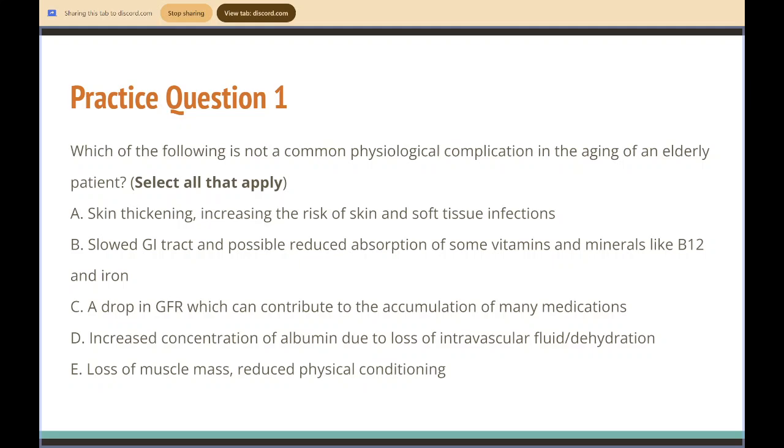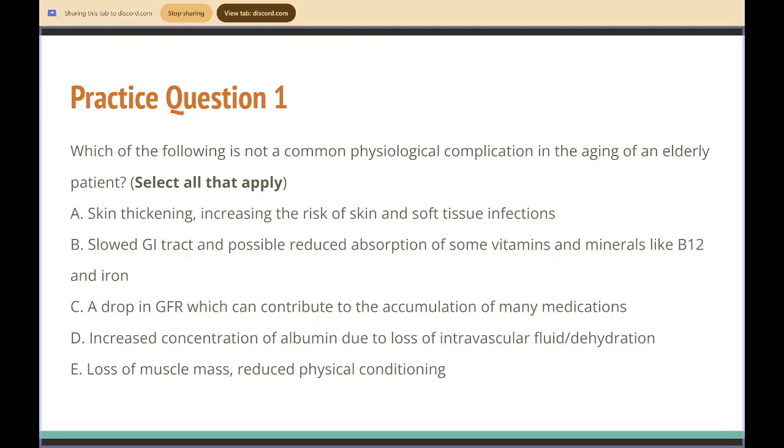Select all that apply. Now, both RX Prep, Past Naplex Now, and the actual Naplex do a great job with there being no patterns. One of them can be correct, all of them can be correct, or any number in between. Please make sure that you are aware of that and evaluate each answer choice.